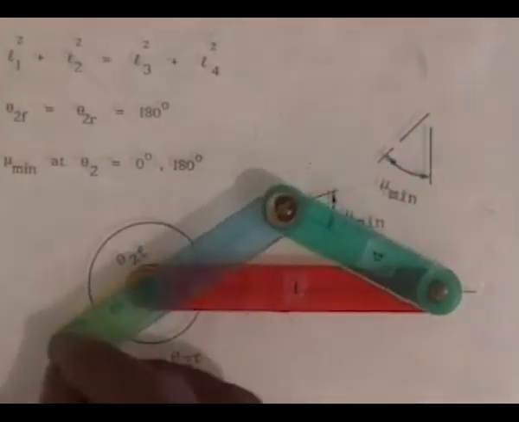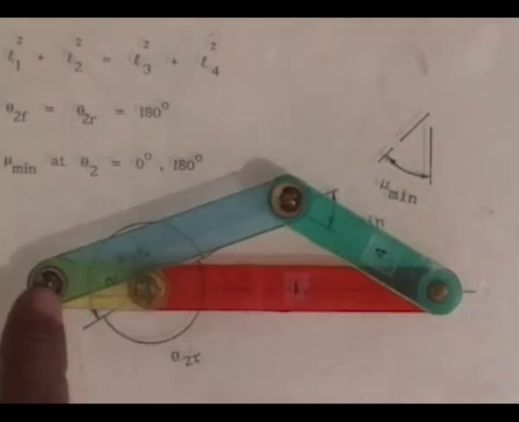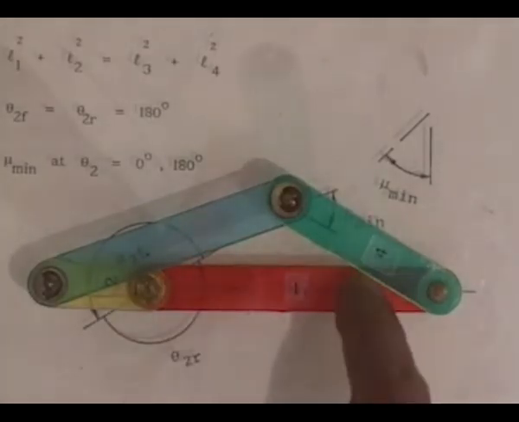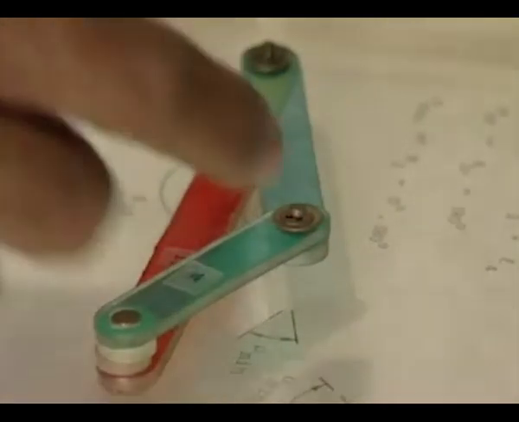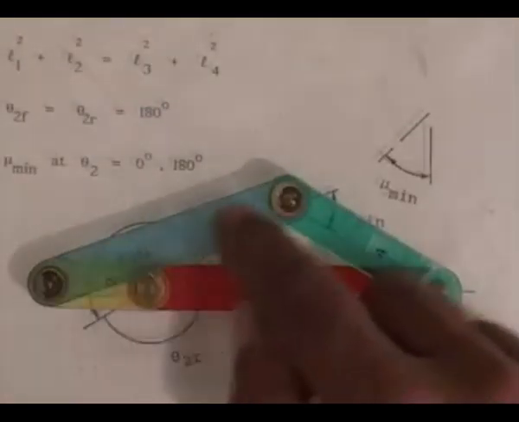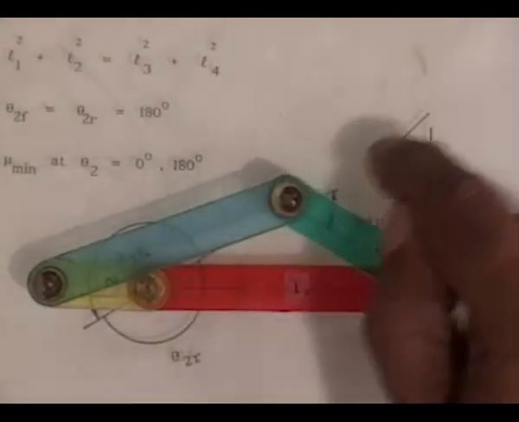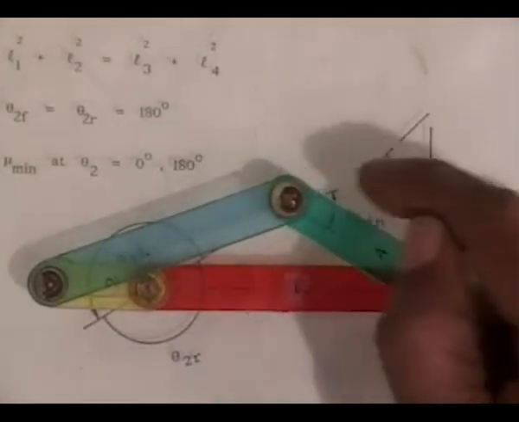However, again when the crank falls along the line of frame, this angle is maximized, that is the transmission angle, which is defined as the acute angle between the coupler and the follower, that I can see by extension of the coupler and the follower, that angle is minimized.